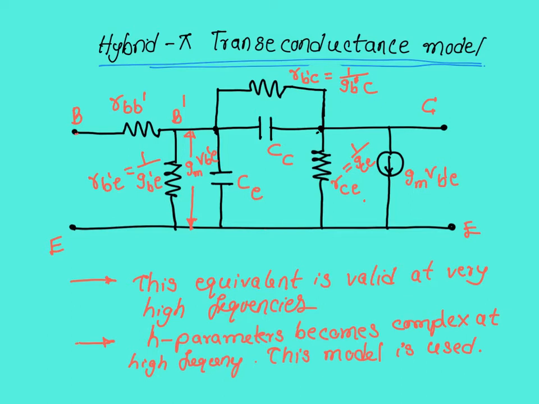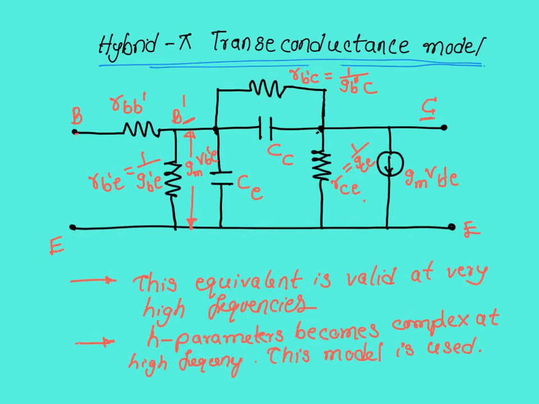B dash is the internal node we have considered, and between B dash and emitter we have a resistance called RB dash E, and between B dash and collector we have a resistance called RB dash C, and between collector and emitter we have another resistance called RCE.